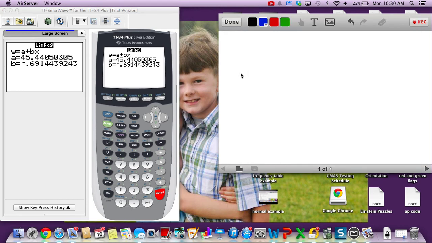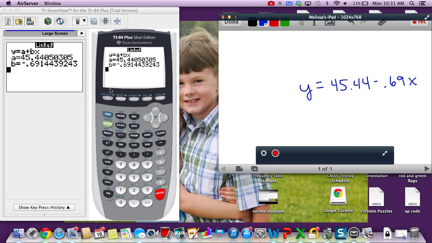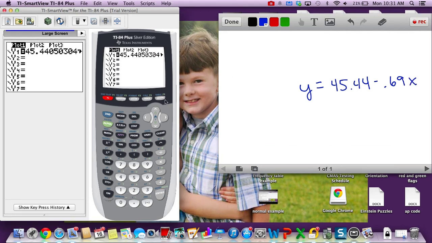I'm just going to jot my equation down. It would be y equals 45.44 minus 0.69x. And then you would just go into y equals and put that in.